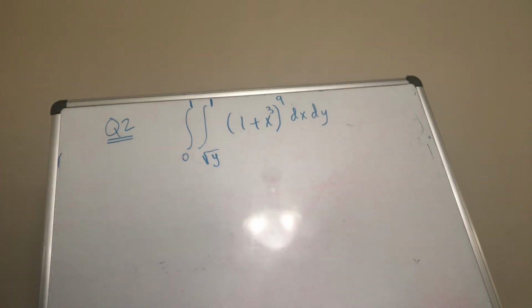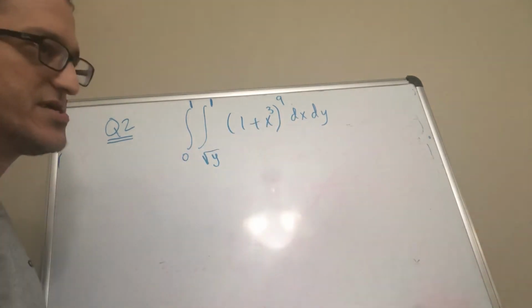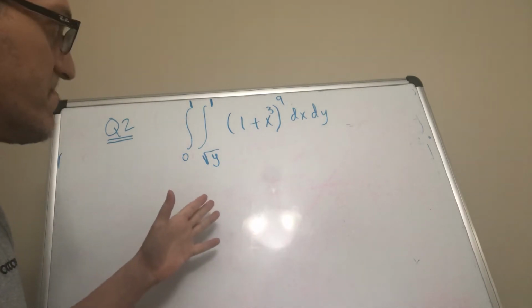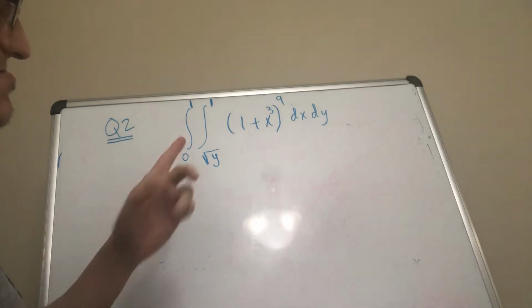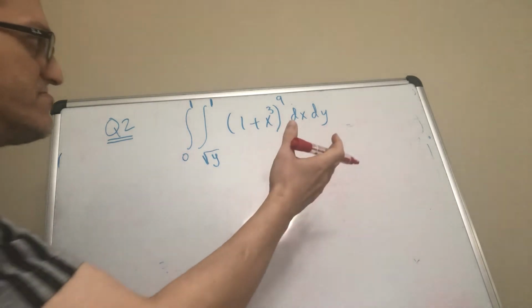You first try to integrate this, but you notice that we're integrating dx first. I'm going to do something, then I'm going to erase it. If you integrate this, you'll see that we have a major problem, because there's no way.